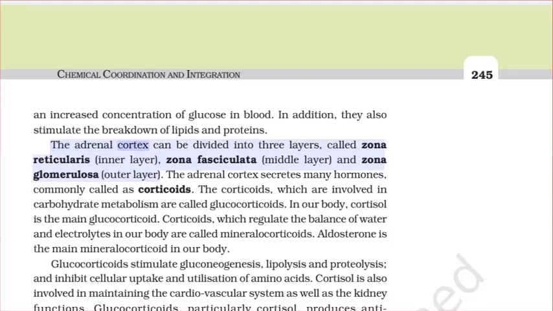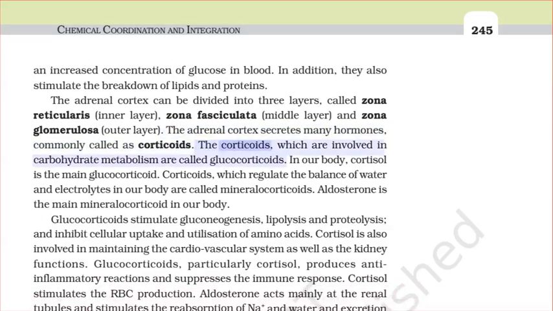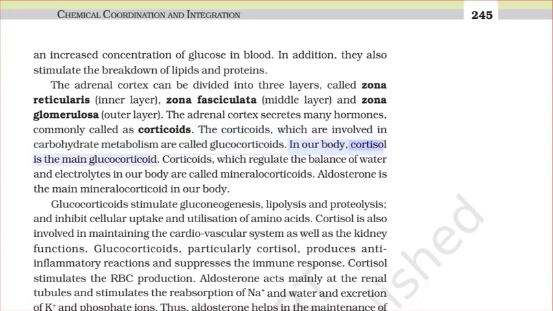The adrenal cortex can be divided into three layers called zona reticularis, inner layer, zona fasciculata, middle layer, and zona glomerulosa, outer layer. The adrenal cortex secretes many hormones commonly called corticoids. The corticoids, which are involved in carbohydrate metabolism, are called glucocorticoids. In our body, cortisol is the main glucocorticoid.